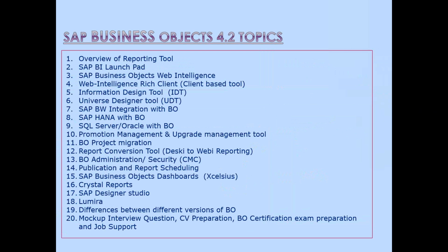You can go through it to understand what I'm going to discuss in detail in each module of Business Objects. In BO, there are multiple components and tools, and we are going to cover all of them. There are a total of 20 topics I'm going to cover.